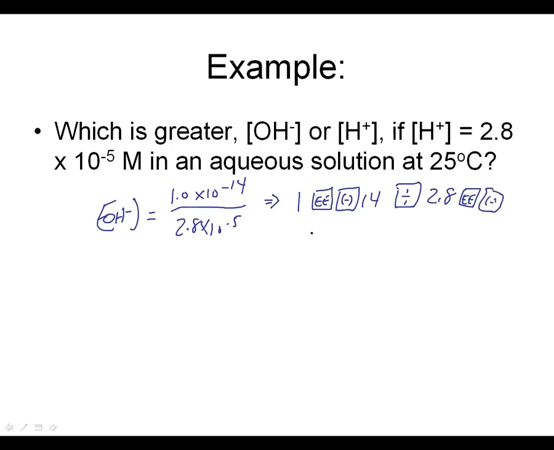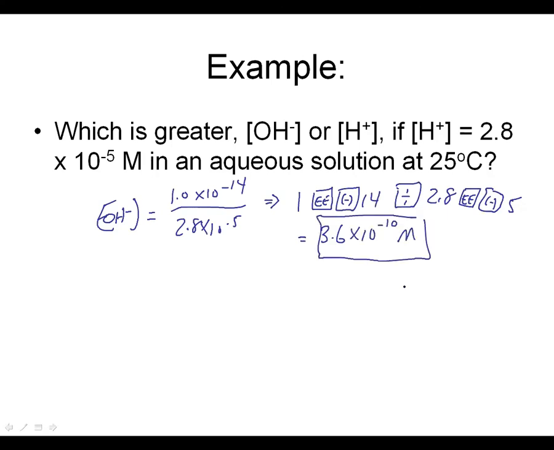If you punch it in like that, you should end up with, hopefully, 3.6 times 10 to the minus 10. This would be molar because it is a concentration.